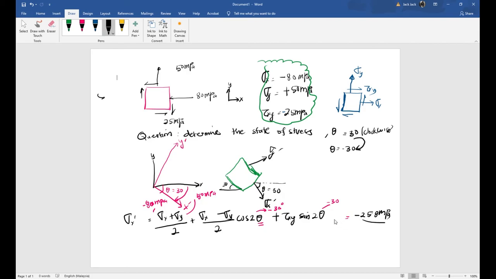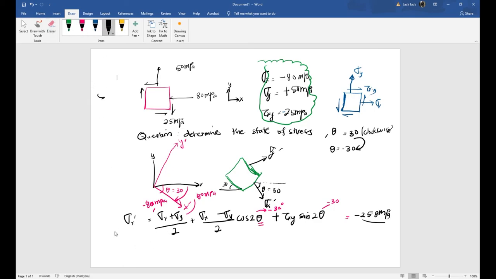Similarly, for shear stress, we focus on the stress with respect to the x-axis first. For shear stress, tau x'y', recall again your favorite equation. Let's write carefully.